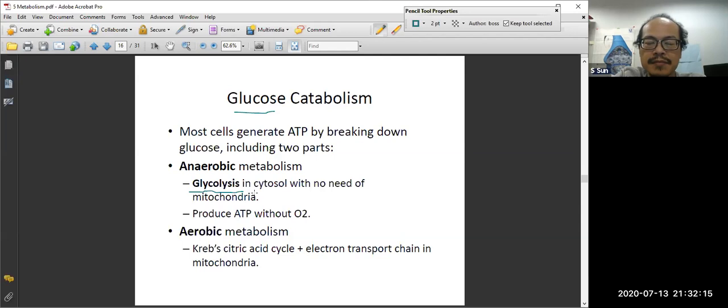And if we provide them oxygen, then glucose will form the pyruvate.